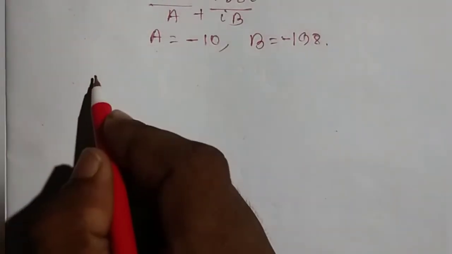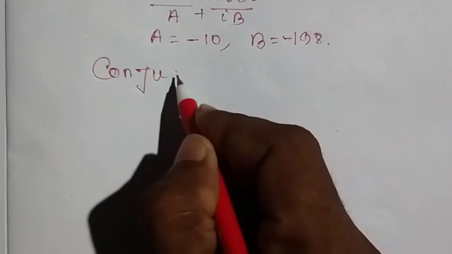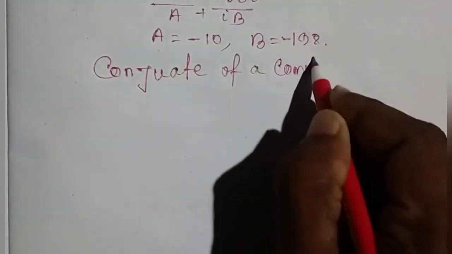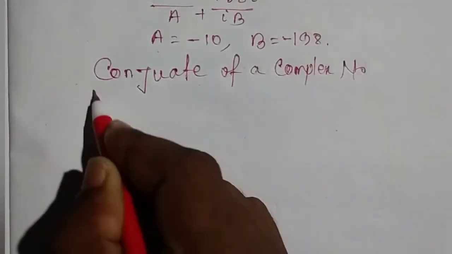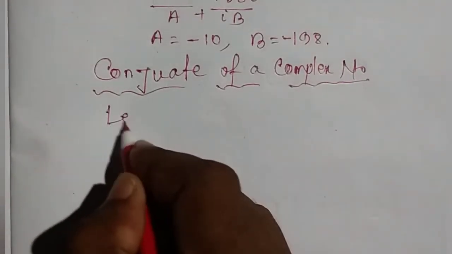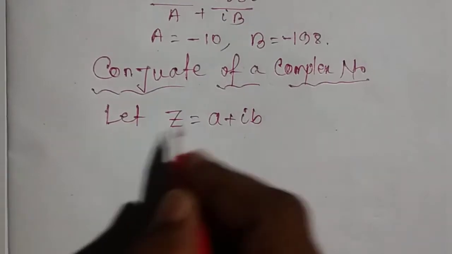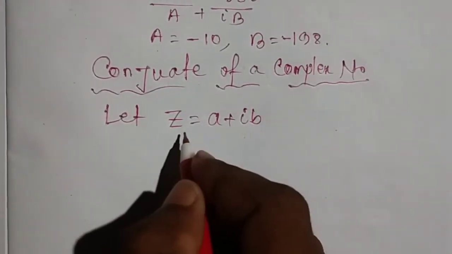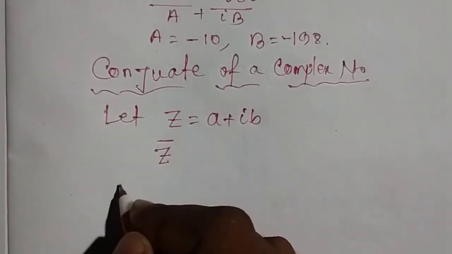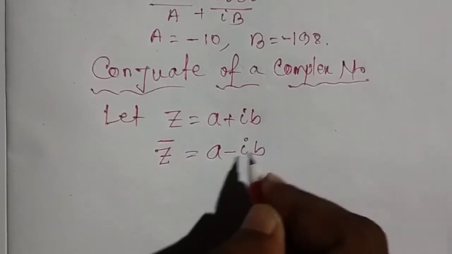Now we have to learn how to find a conjugate of a complex number. Let z is equal to a plus ib be a complex number, then the conjugate of z, always denoted by z bar, is equal to a minus ib.